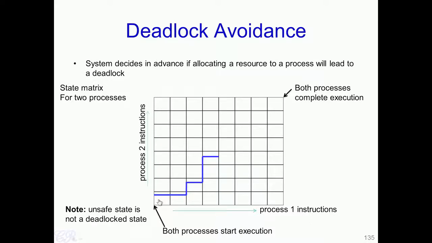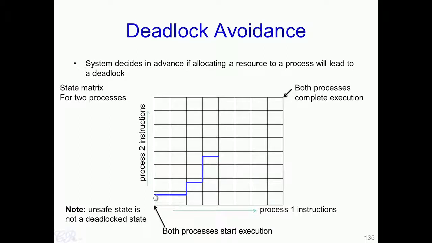Now, as these processes execute in the system, the state of the system will change, and the state changes depending on how these two processes execute with respect to each other. So, let us say this state is represented by each of these blocks over here.